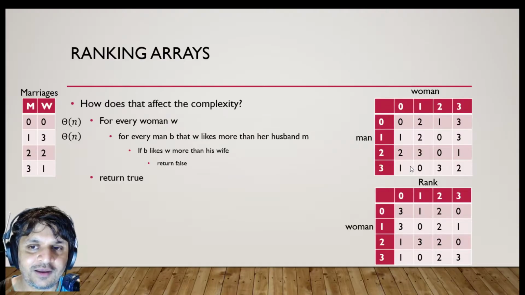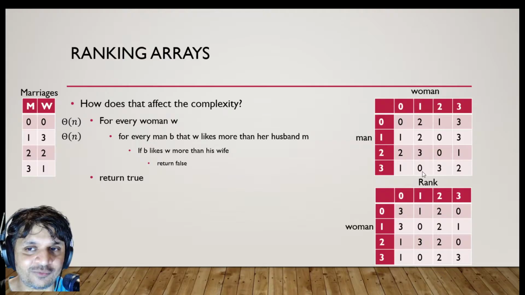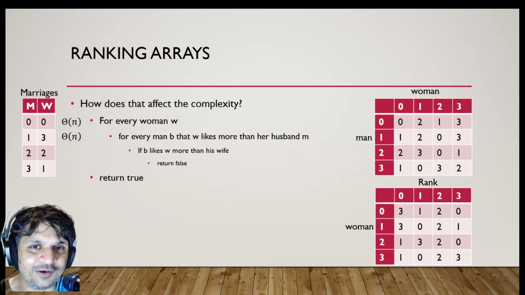And we want to know if he'd run away with woman 0. Man 3, woman 0 has a rank of 1. So clearly he prefers woman 1 because the rank is 0. The lower number means she's higher up in his preference list, so he prefers woman 1. Does that make sense? The only really tricky part to think about is that a lower number means he prefers that person, because lower means earlier in his preference list.